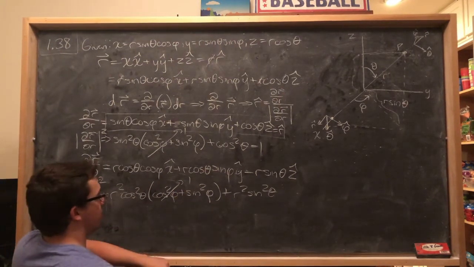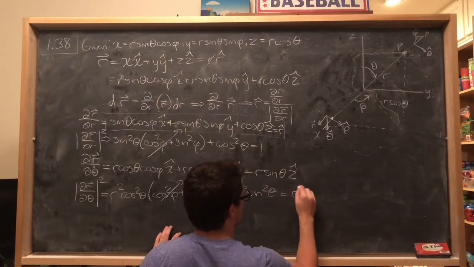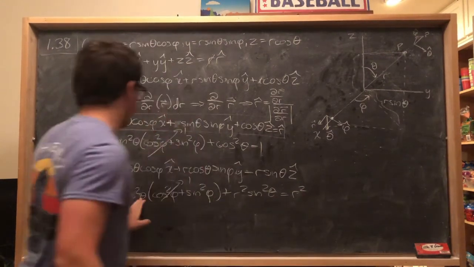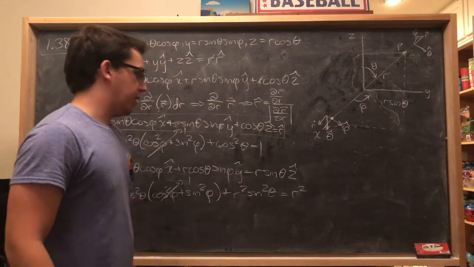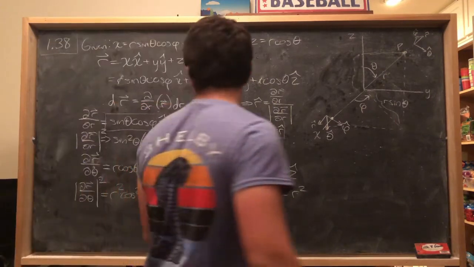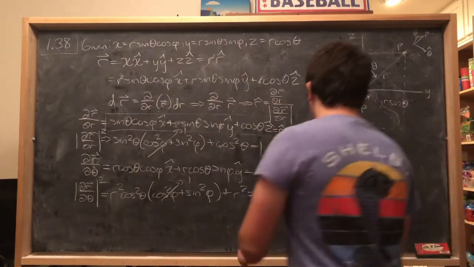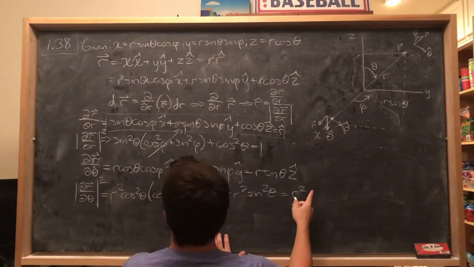This is again 1, and so then what we're left with is r squared times cosine squared plus sine squared, which is again 1, and so our magnitude squared is r, hence the magnitude is r.